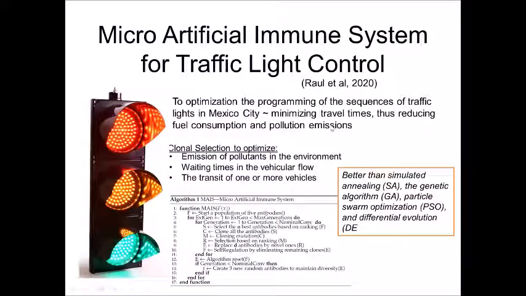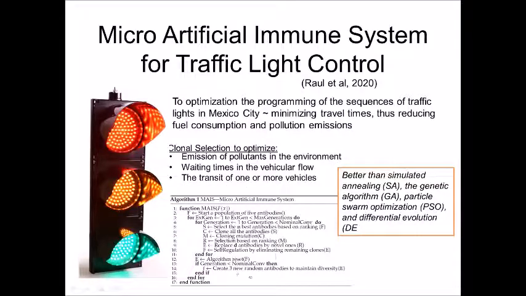When they can reduce the time consumption at the junction, it can automatically also reduce fuel consumption and solve pollution issues. So they use clonal selection to optimize the emission of pollutants, the waiting times, and also the transit of one variable. So this is the algorithm.